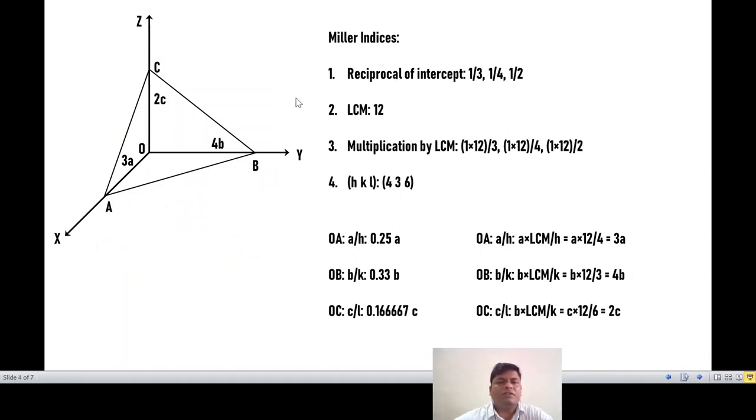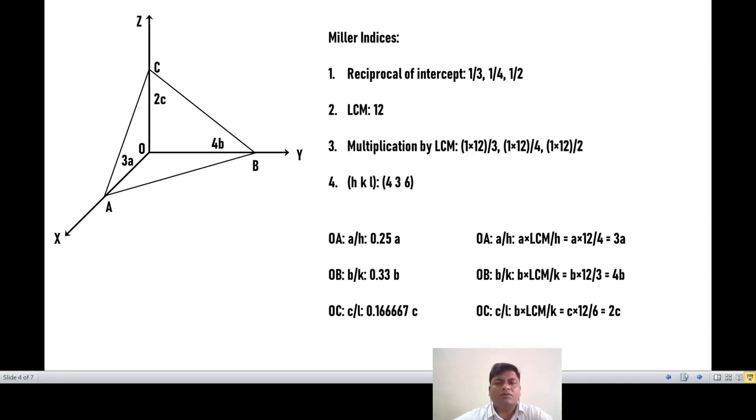Let us consider this HKL plane which meets the crystallographic axes at three points A, B, C, where the intercepts in terms of unit translation vectors are 3a along the x-axis, 4b along the y-axis, and 2c along the z-axis. As per the steps for finding Miller indices, first we take the reciprocal of the intercepts: 1 upon 3 for the x-axis, 1 upon 4 for the y-axis, and 1 upon 2 for the z-axis.